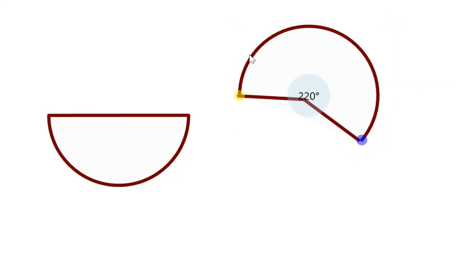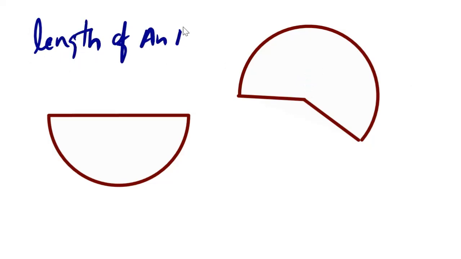And if you think about the length of the arc, which is our topic, the length of an arc, as it is part of the circle itself, maximum it can be 2 pi r, then it becomes a circle.